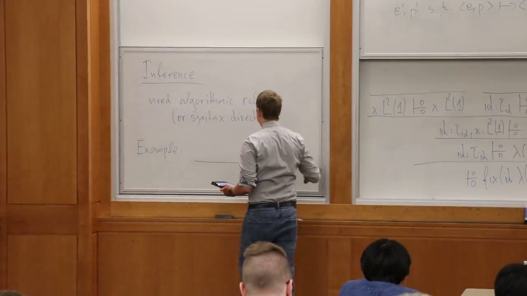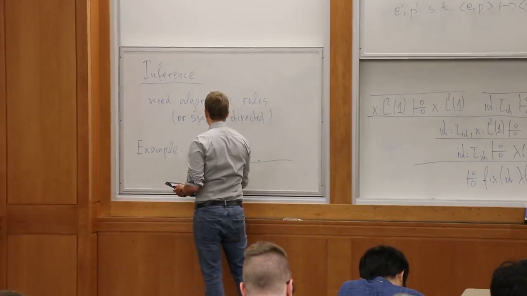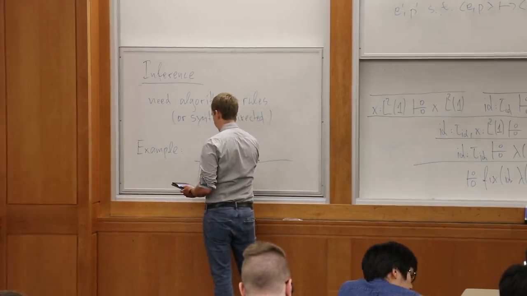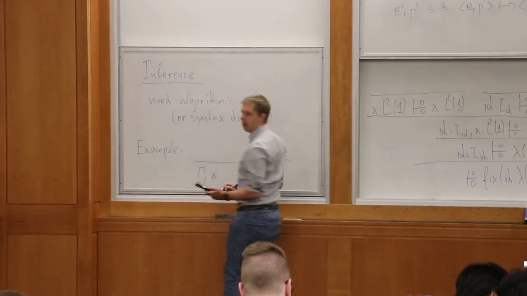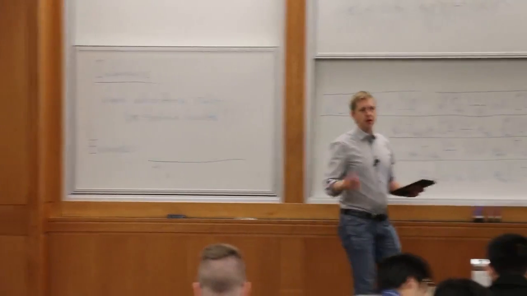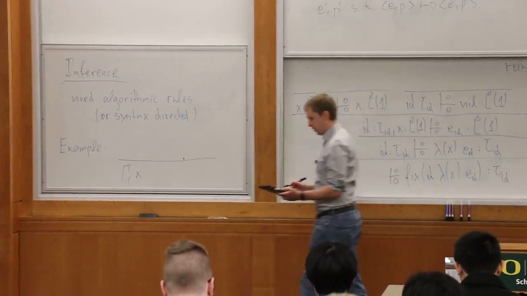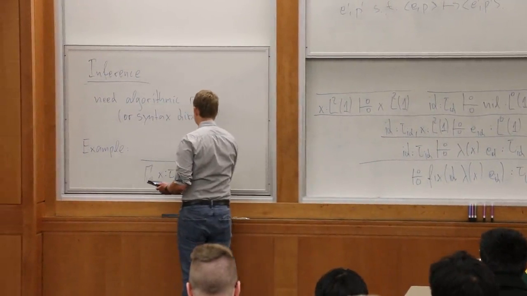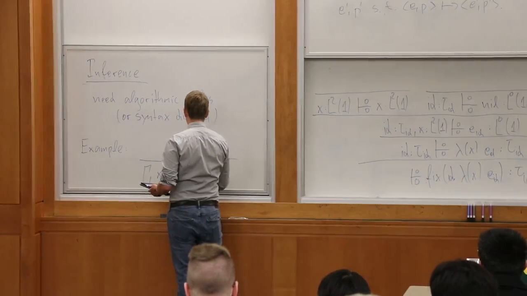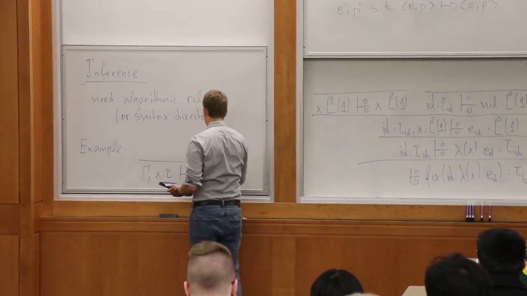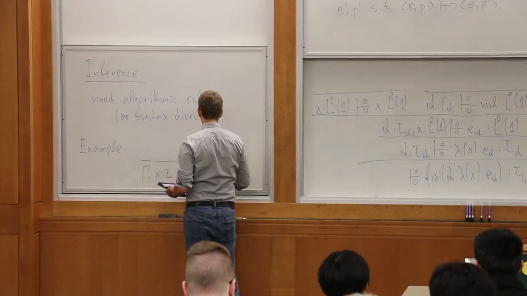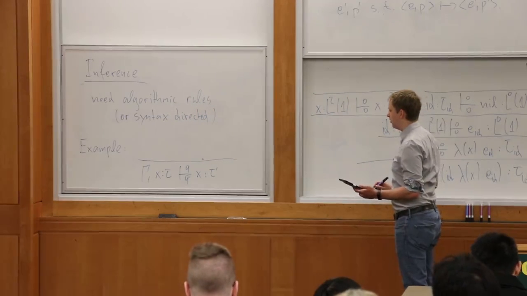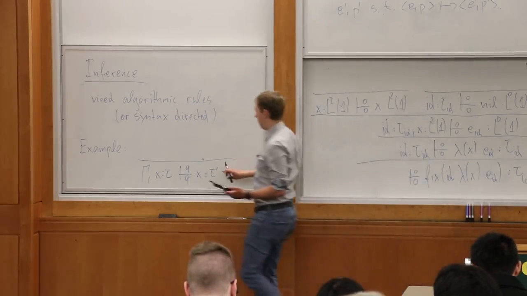For instance, for the variable rule, we would now say you can have a context gamma here, so we just integrate the weakening rule into it. And if you still have some other variables around, you just disregard them. Here you can have Q, Q prime, and you can also just take a supertype here.